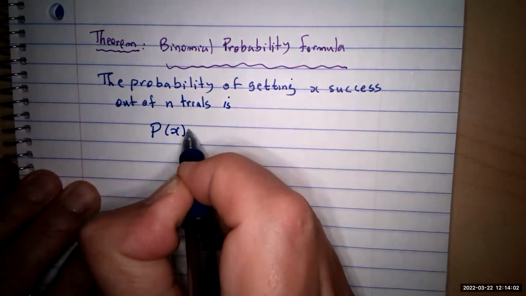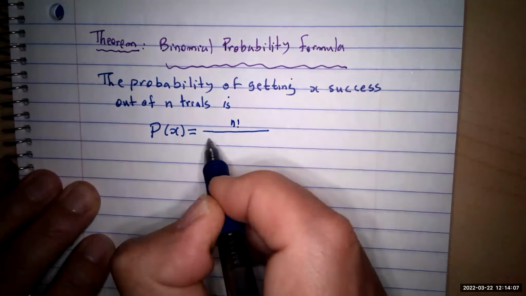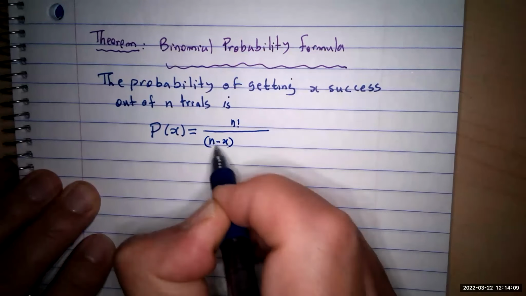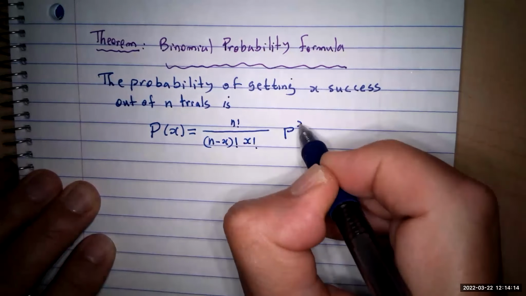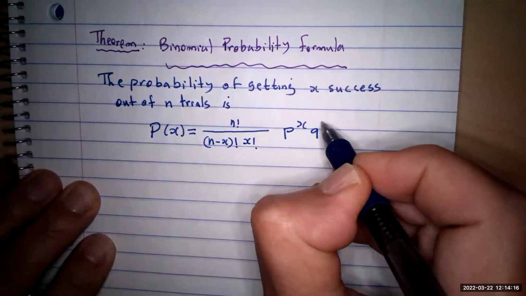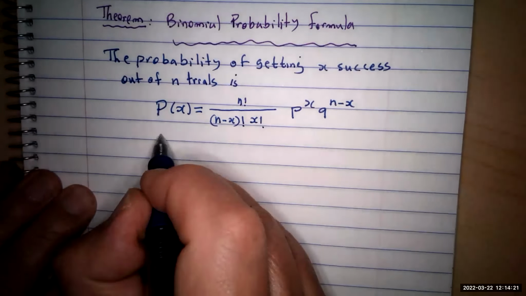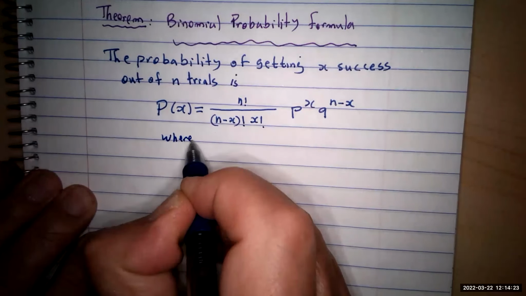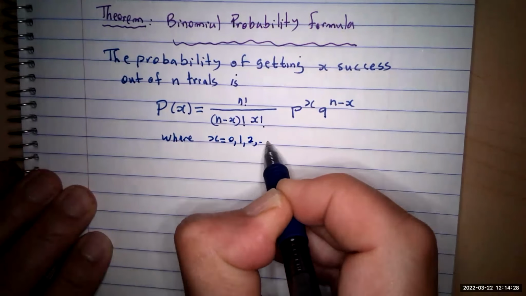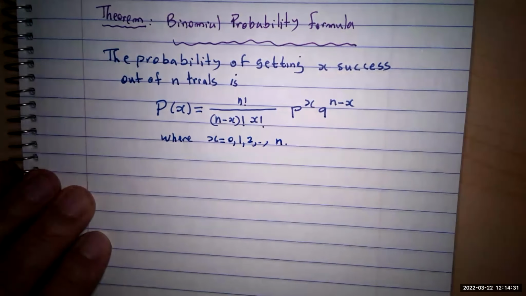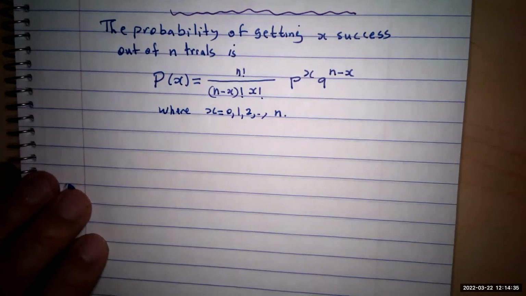P of X is equal to N factorial over N minus X factorial times X factorial, times P to the X, Q to the N minus X. X is the number of successes, so it must be less than N. X can be 0, 1, 2, up to N. N is the total number of repetitions, so X cannot be bigger than that.